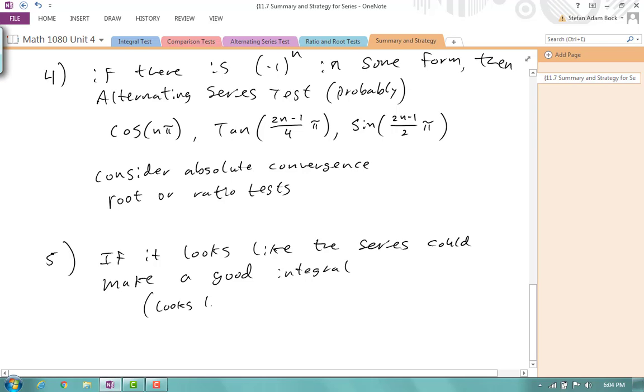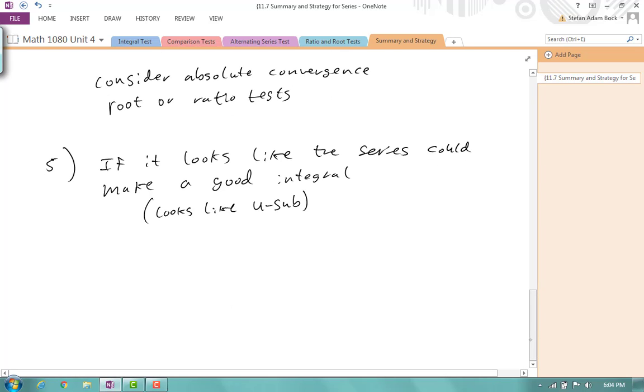That's a good indicator. Then I'm going to want to try to do the integral test. But I need to make sure that I satisfy the conditions of the integral test.